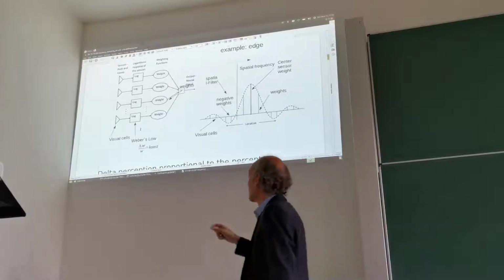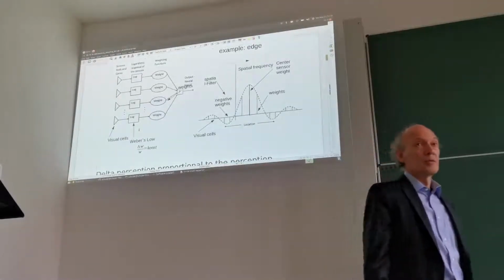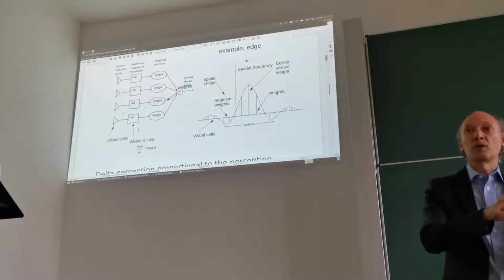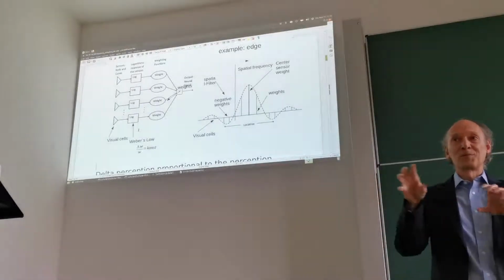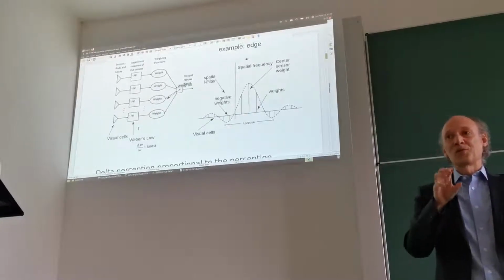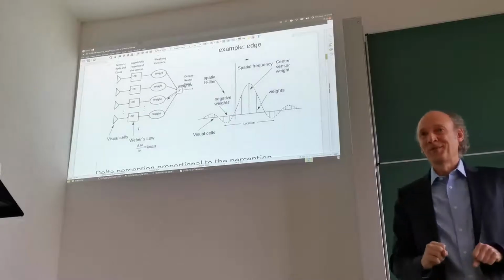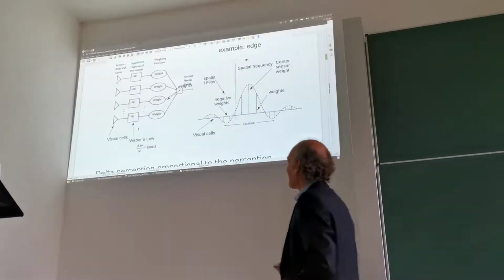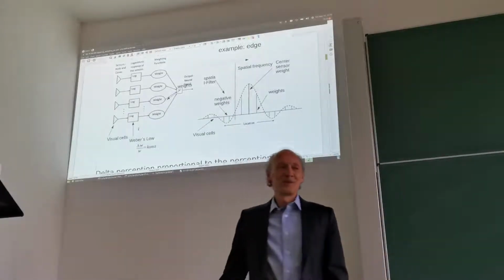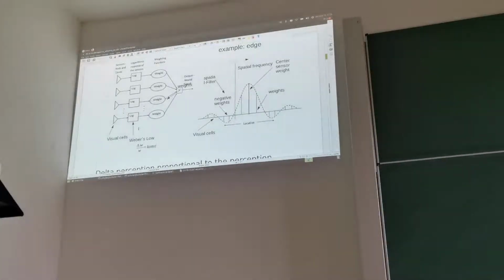And this is basically the result of this logarithmic function. The logarithm turns the multiplication into an addition. Remember, when you have log of a times b, that is log of a plus log of b. Remember? Yes. Okay, great. So this is basically the effect of this pre-processing, and this leads to so-called Weber's law.